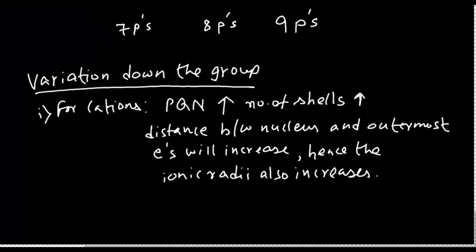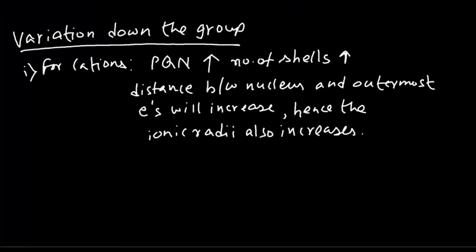If I consider the alkali metals, like the radius of Li plus, radius of Na plus, radius of K plus, Rb plus, Cs plus, then moving down the group, what is happening? The principal quantum number is increasing.